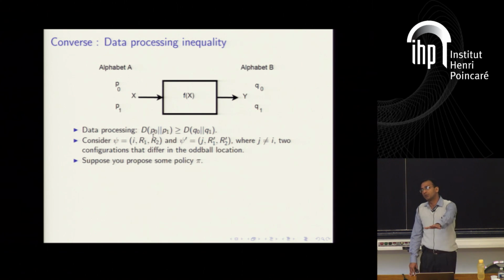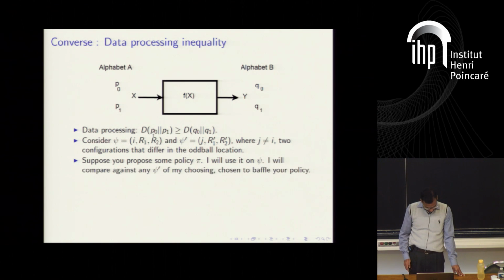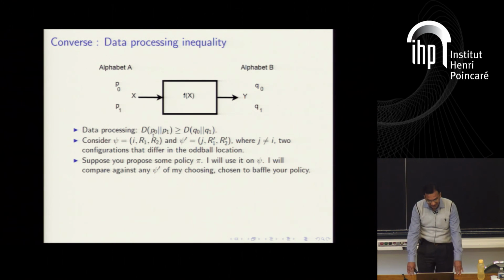Now, suppose you propose a policy. What I will do is use this particular policy on the ground truth psi, and I'll also compare it against a psi prime of my choosing, which will be chosen to baffle your policy. This is the nearest stumbling block.